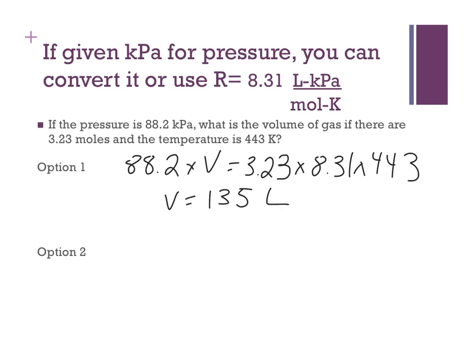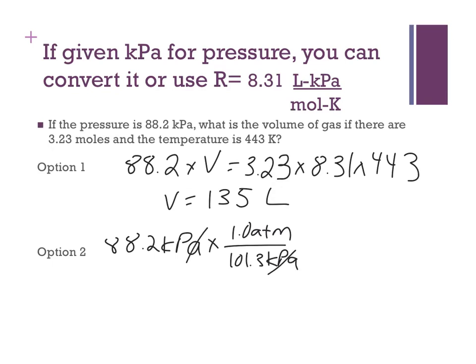Let's say I didn't know that value for R, I didn't have it handy. I could go ahead and use my pressure standards. So I know that 88.2 kPa, if I converted that to atmospheres, I'd use their standards. So I can take 88.2 times 1, don't really have to put that in your calculator, divided by 101.3. And I'm going to get 0.871 atm.